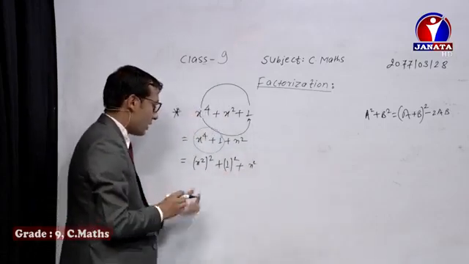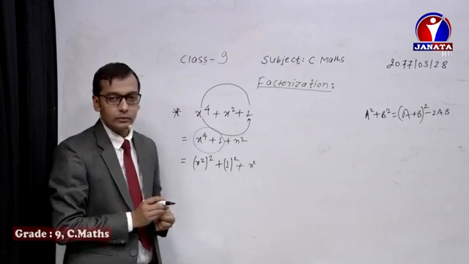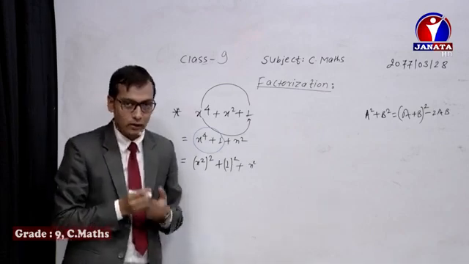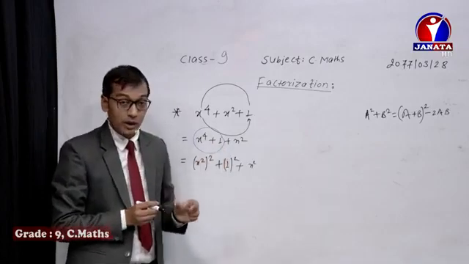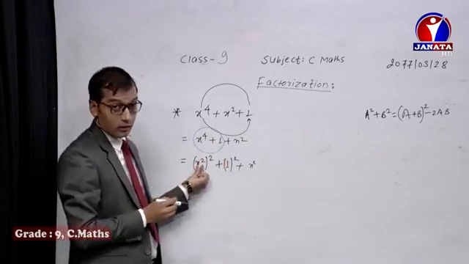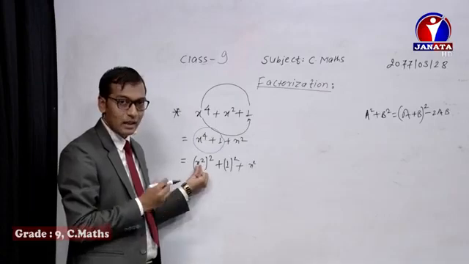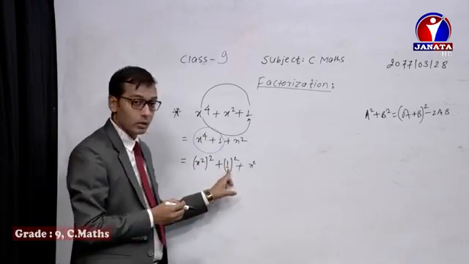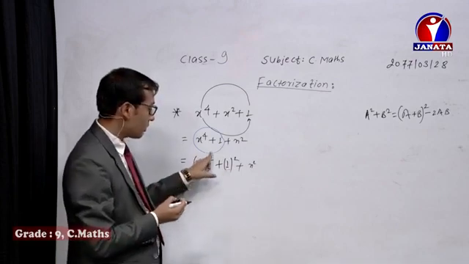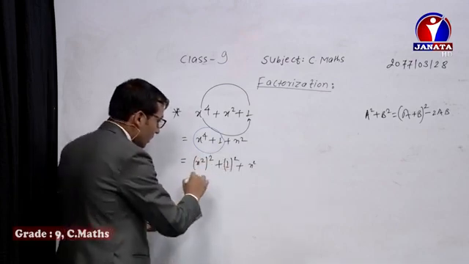Now the first and second terms are in the form of a square plus b square. What is a? X square. The first term is a and the second term is b.